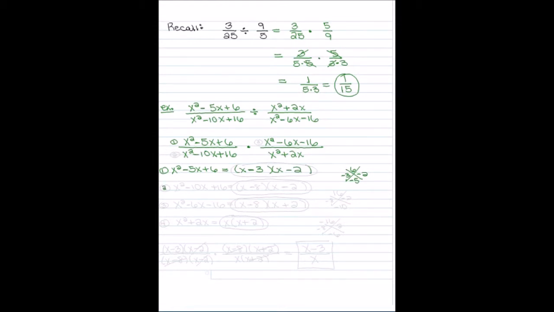For the second polynomial, I have x squared minus 10x plus 16. And I need to find numbers that multiply to get positive 16, but when I add, I get negative 10. And that's going to be negative 8 and negative 2.